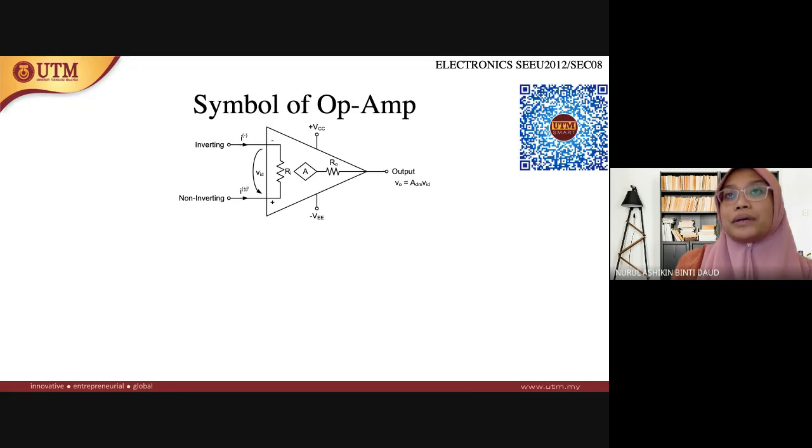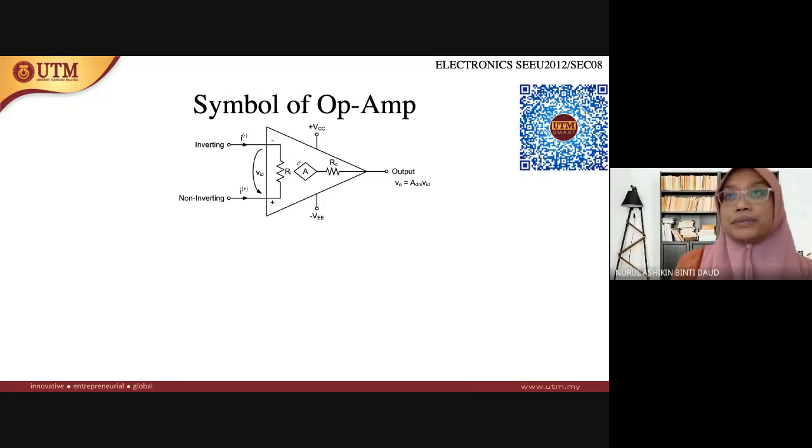This is the DC supply, positive VCC and negative VEE. Why is it negative here? Because this is positive, so it should be connected with different polarity, positive and negative, negative and positive.